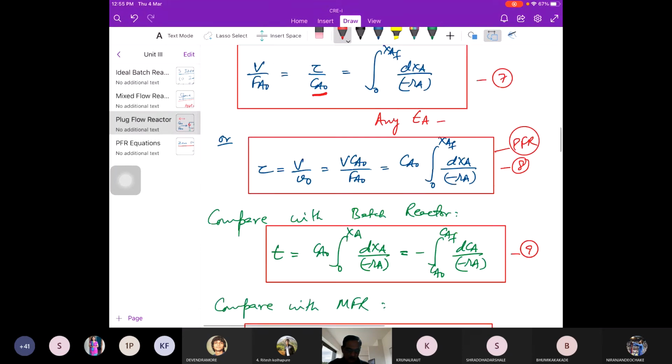And if you compare with batch reactor, we had t, batch time, is equal to CA naught integral 0 to XA dXA upon minus RA. So if you compare this and this, it's exactly the same equation. So batch reactor and plug flow reactor behave in the same manner.